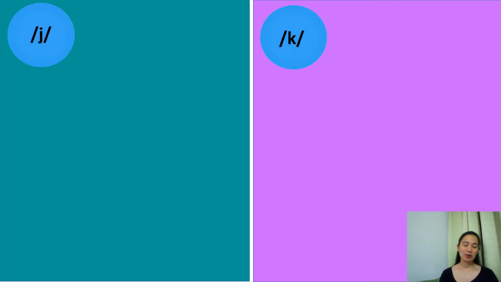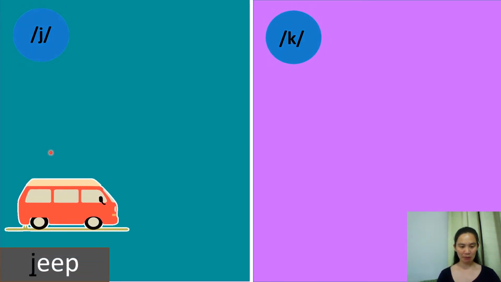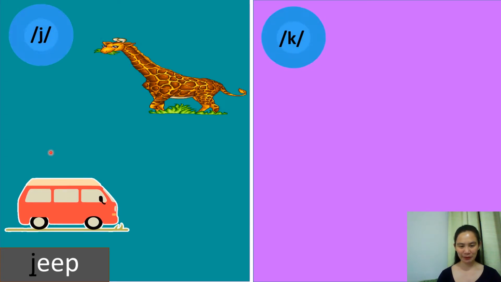Next pronunciation symbols that we are going to discuss are the symbols that stand for the sounds of J and K. For the sound of J, we have the word that starts with letter J, like in the word Jeep. Same sound can also be heard in words like jar and joke.